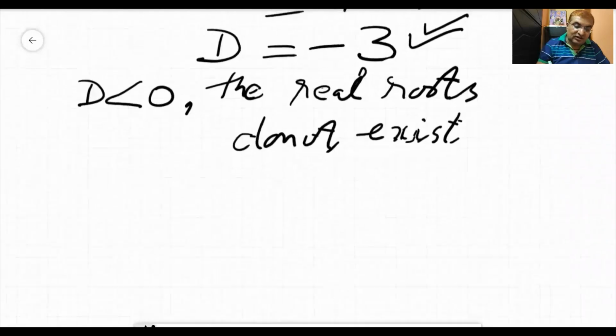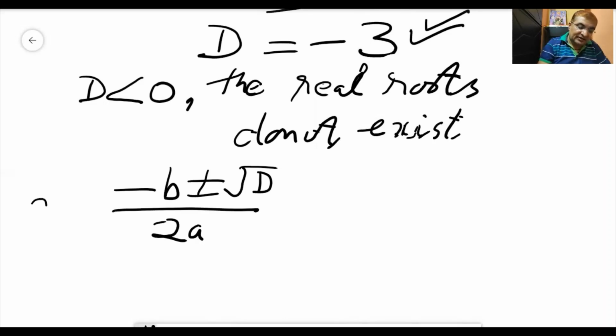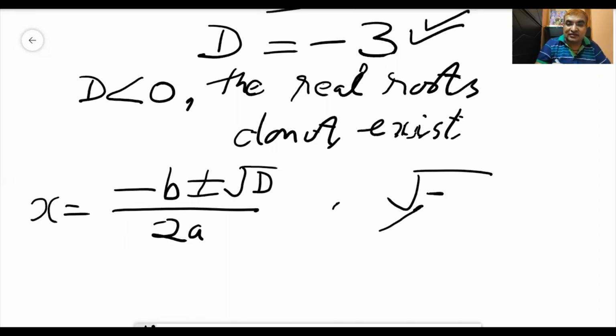We know the formula already. We had in the formula minus b plus minus root d upon 2a, and inside the square root, if there is any negative term, if d is having a negative sign, it is not a real number, it is a complex number, it is an imaginary number. We know square root of -1 as iota. So in these cases, certainly this imaginary number will be used.